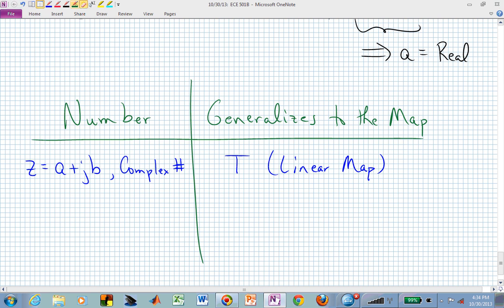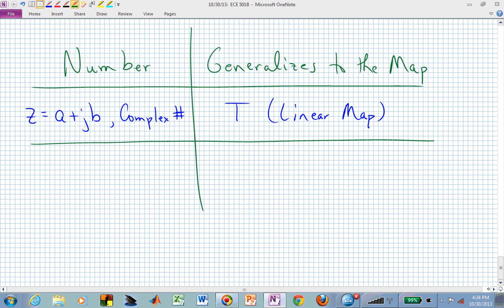I might as well make my table look consistent. What if I now took the complex conjugate of z? That's now a minus jb. What do we know that looks like in terms of the linear map T?